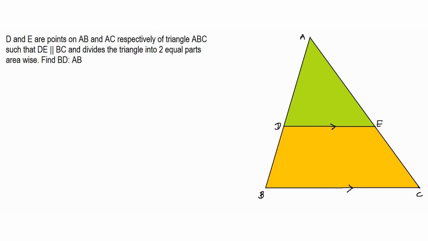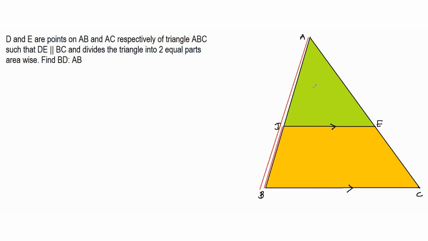So let me highlight the sides whose ratio needs to be found. We need to find the ratio of BD to AB, right? This is what we need to find. So let us now consider these two triangles for similarity.